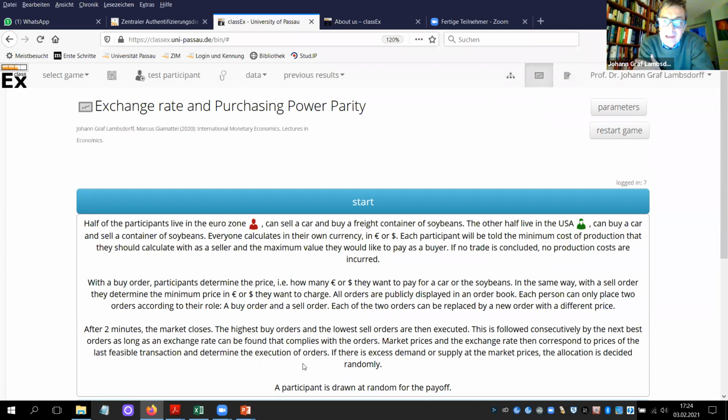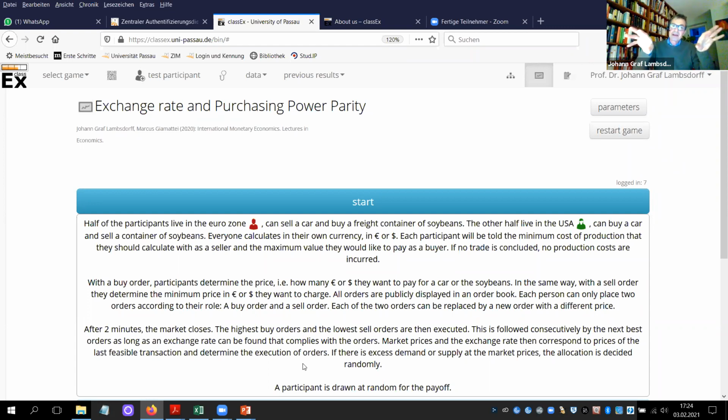In fact, this game would take a little more time to play, but the nice thing is the exchange rate is determined completely endogenously by having some participants living in the Eurozone and selling cars and purchasing soybeans, and others living in the United States and purchasing cars and selling soybeans.